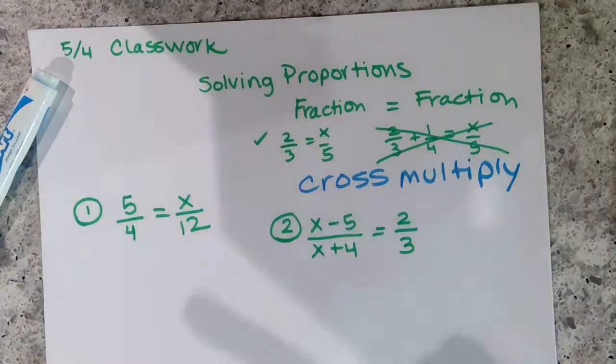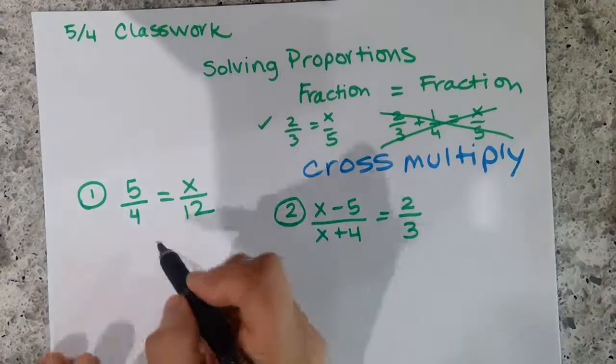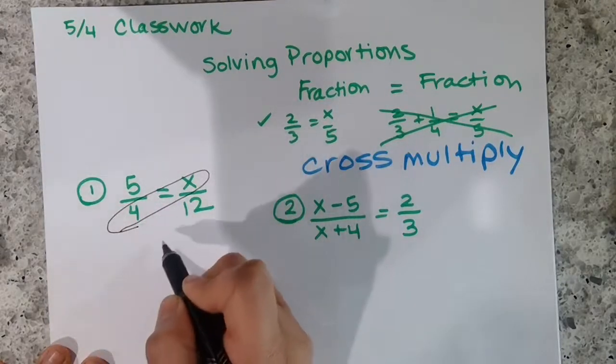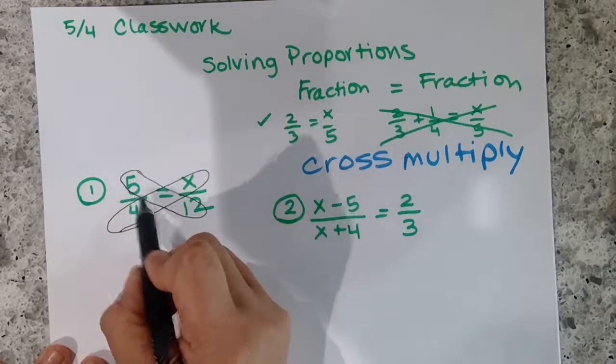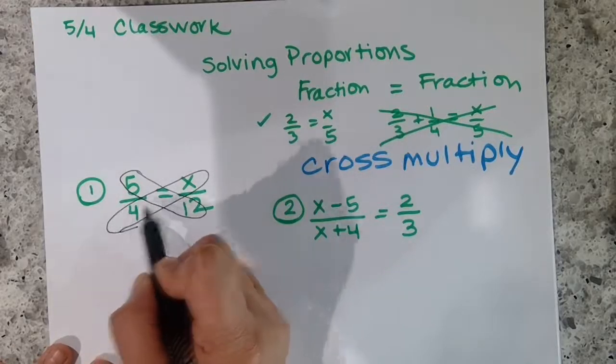All right, so in this first problem, 5 over 4 equals x over 12. To cross multiply, you're going to multiply these two and then multiply these two. And it doesn't matter in which order. So you could have said 5 times 12 equals 4 times x. I'm just going to go ahead and do this one.